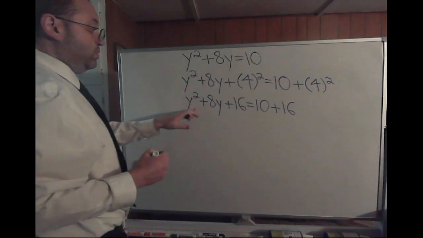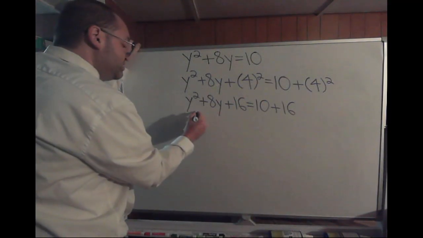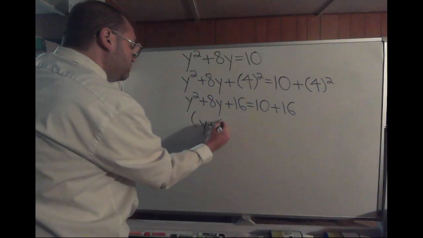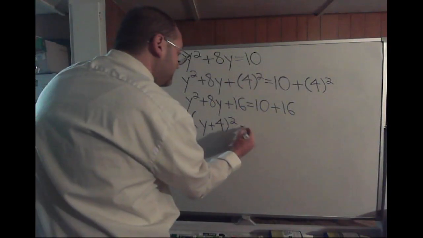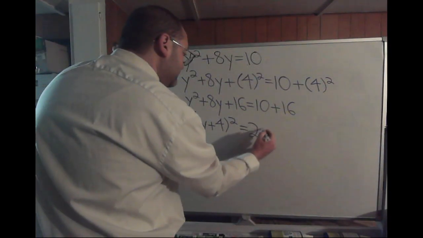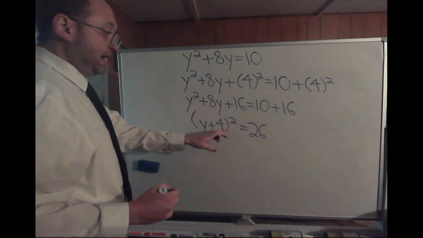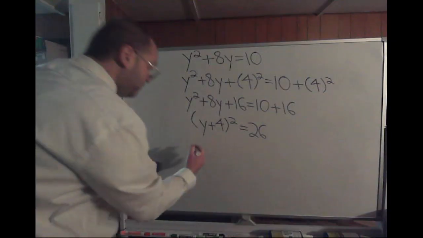Now, let's see, y squared plus 8y plus 16, that factors into a binomial squared of y plus 4 squared. Y plus 4, the quantity squared, that's going to be equal to 26. Now I just want to get y plus 4 out of the square, so I got to take the square root of both sides.